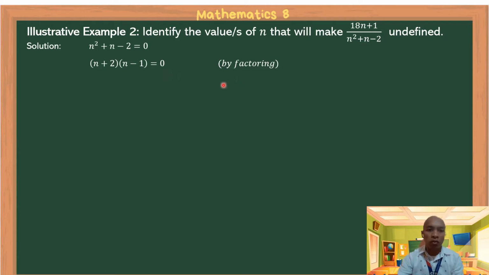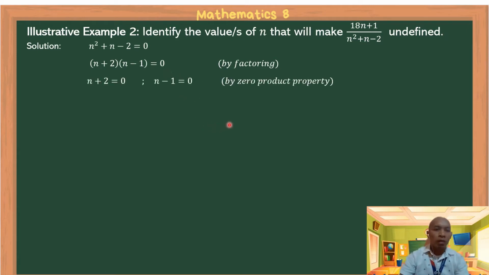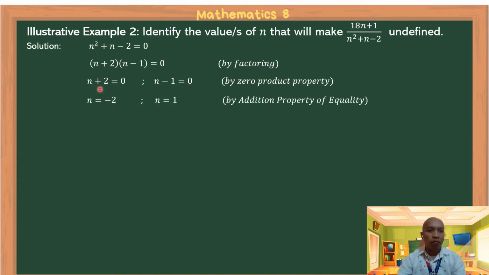So equals 0. According to the zero product property, if the product of the two factors is equal to 0, we can equate each factor to 0. So therefore, n plus 2 equals 0 and n minus 1 equals 0. And solve for n. You just transpose the positive 2 to the other side, or apply the addition property of equality.